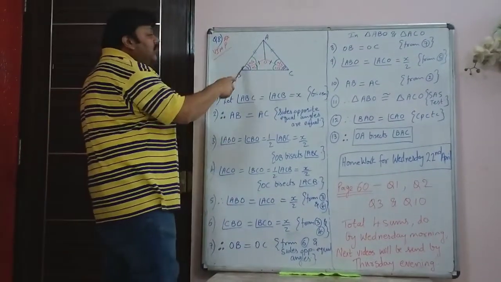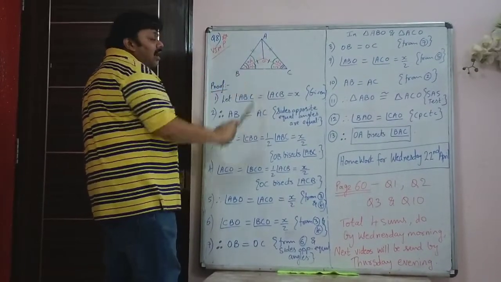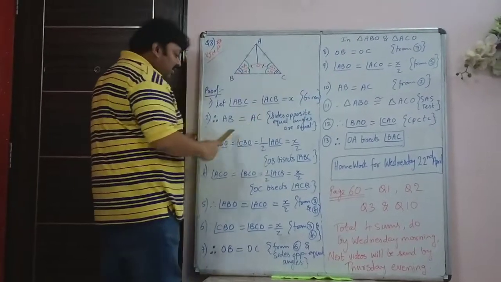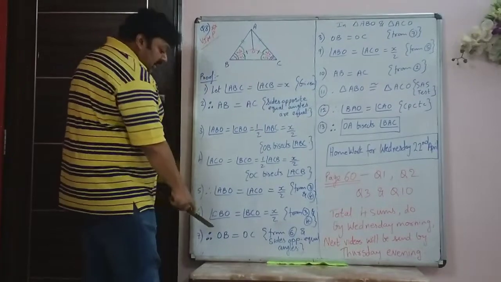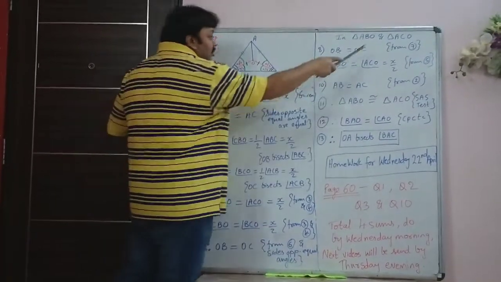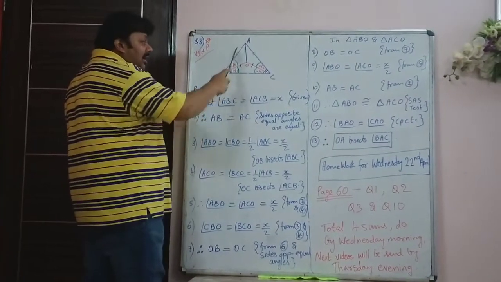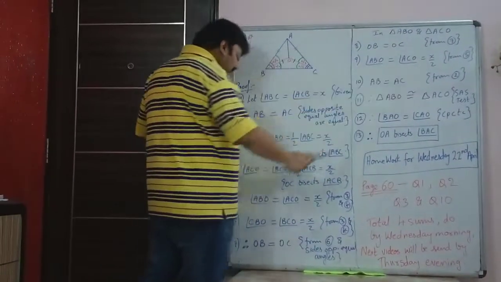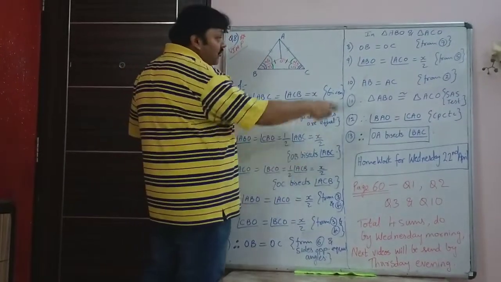So now we have to prove these two triangles, that is ABO and ACO, are congruent. To do that, you have AB is equal to AC, which you had proved in step number 2. Then you have OB is equal to OC, which you have proved in step number 7. And you have angle ABO and angle ACO both x by 2, which you have proved here in step number 5.